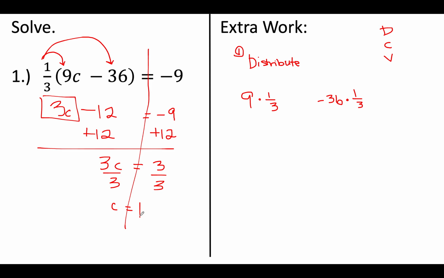Now I'm going to show you that this math works the same for all of them. So ideally our answer is going to be c equals 1 for each one of these. Now let's say, all right, I just want to get rid of my fractions altogether. There are two ways of looking at this.